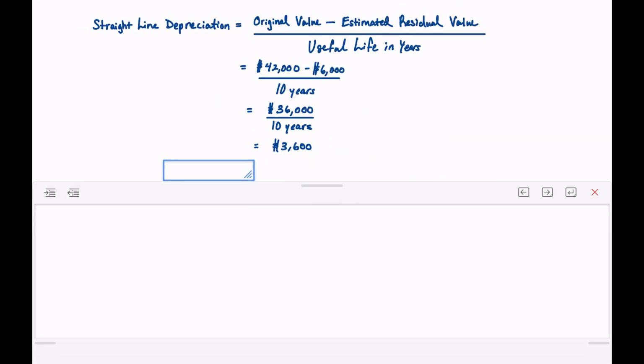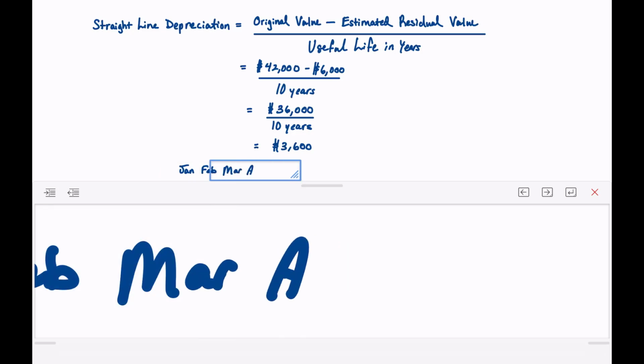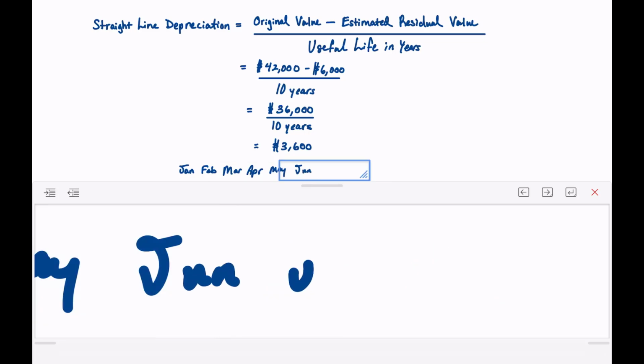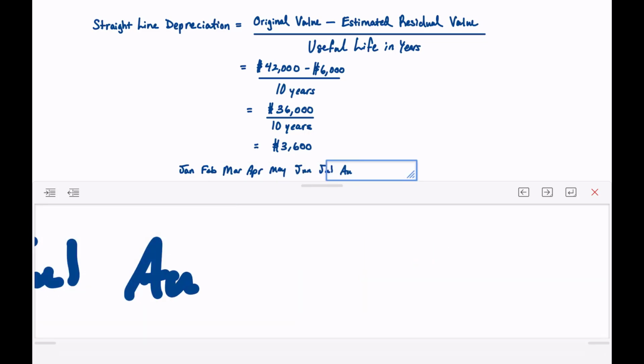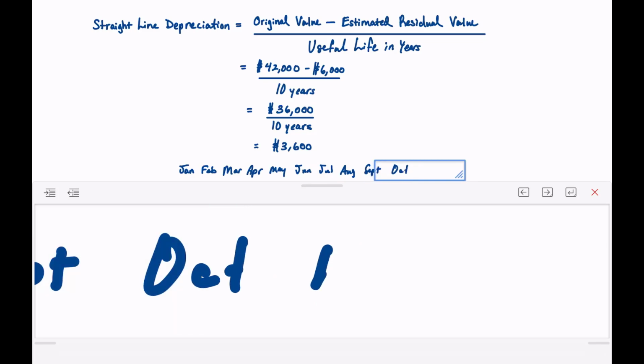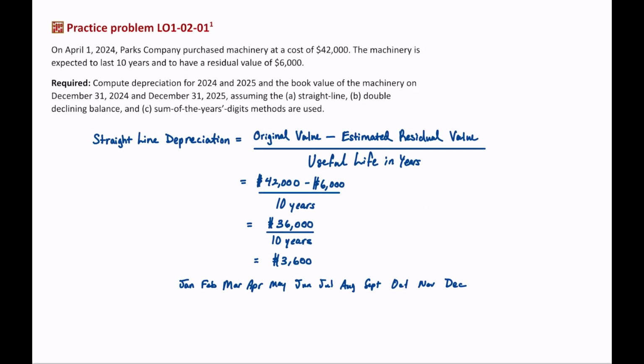So in 2024, we have January, February, March, April, May, June, July, August, September, October, November, December. Okay? But we purchased this in April.